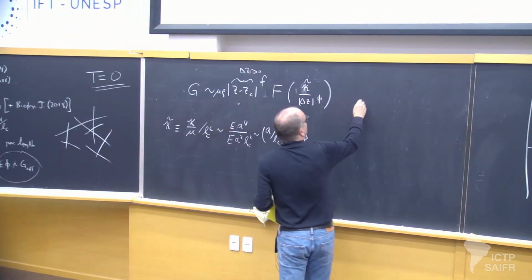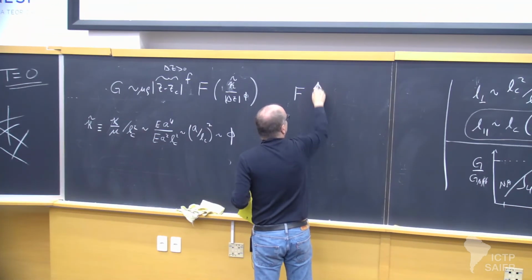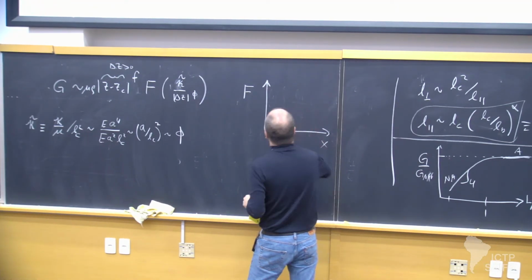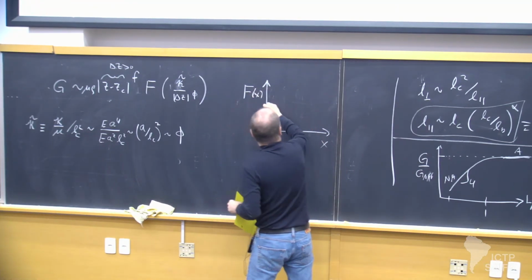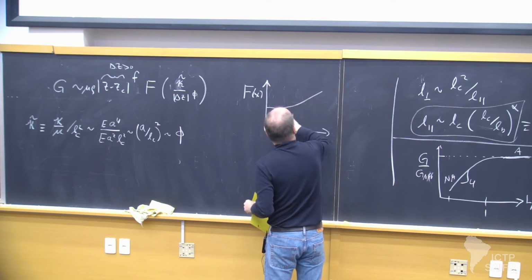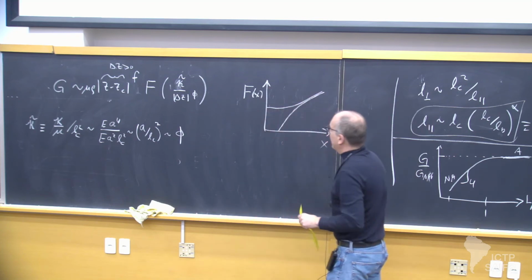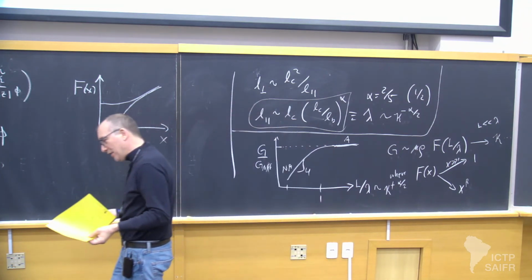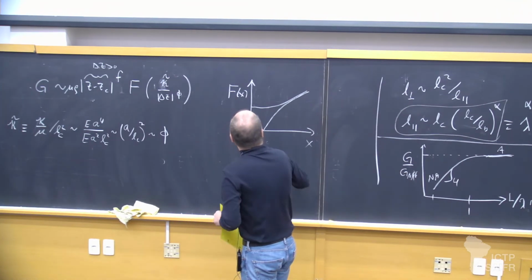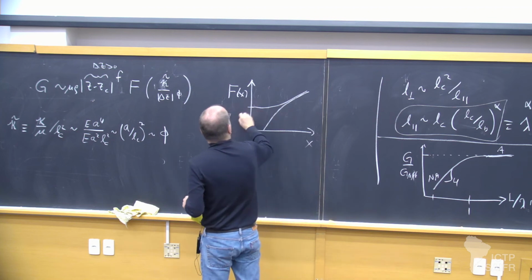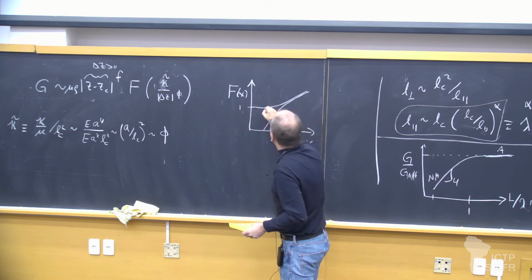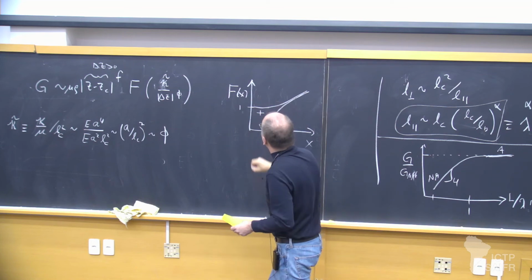And this function here, f, as a function of its argument, x, it's a universal or not universal, but scaling function. And it's a scaling function that has limits of 1, or essentially order 1, in the region above the transition.